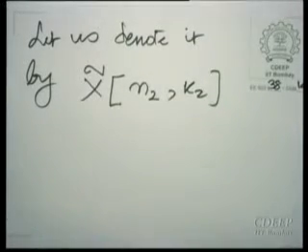For each n2 you have one such, and the frequency index is k2.